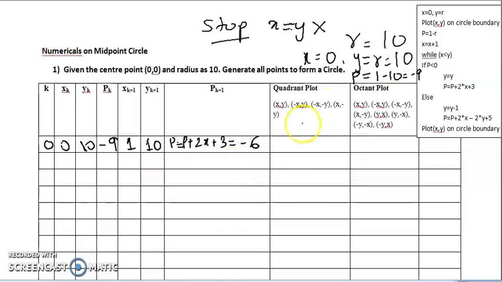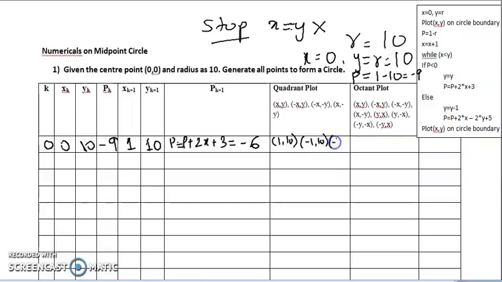Now we see how these values are plotted on the quadrant plot. If I am considering 4-way symmetry, my values are x comma y, minus x comma y, minus x comma minus y, and x comma minus y. So what is getting plotted? It is 1, 10. Next value will be minus 1, 10.